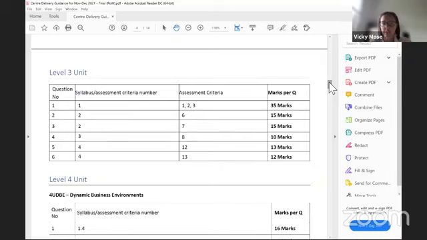Then if you see the next column, it breaks that down a bit further. So it talks about the individual assessment criteria within those learning outcomes. So you'll need the syllabus, because the syllabus will show you in detail the indicative content that's covered by those criteria. You'll also see a marks per question column in this document.